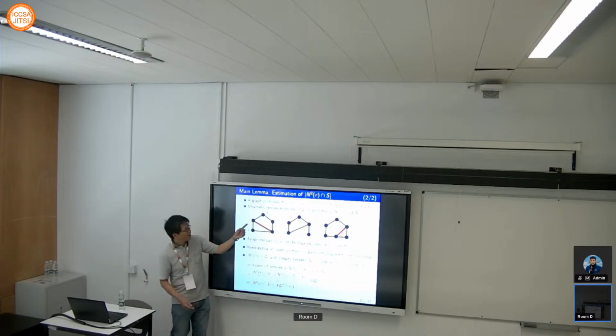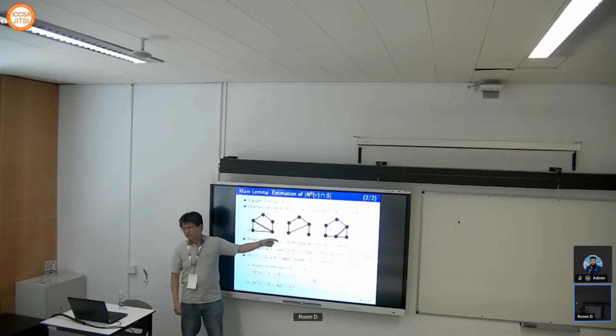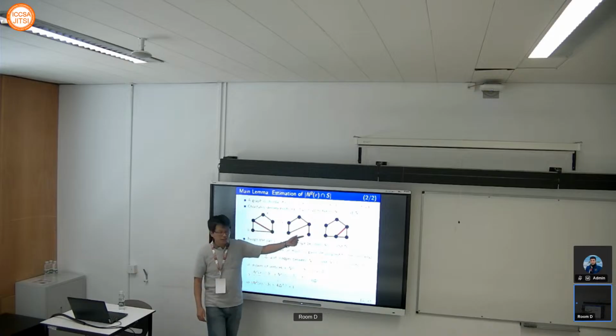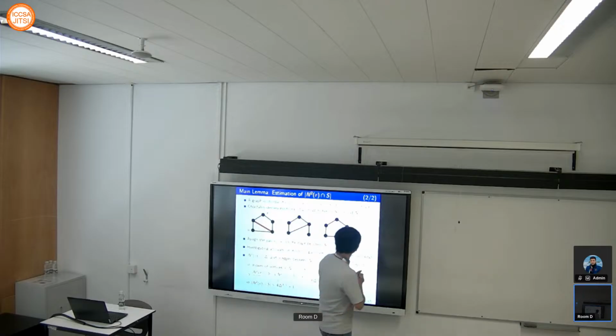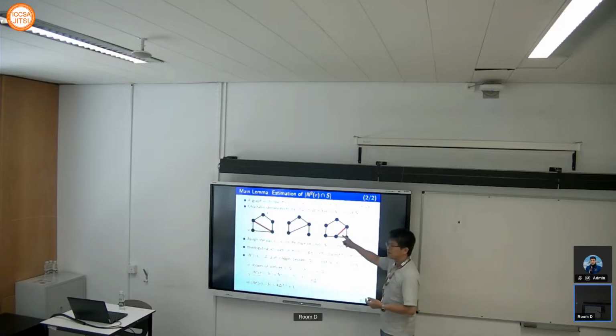So there must be some edge like this red one. And for this one, we need some edge here, but we just want an edge between N1R and N2R, so we just skip this case. And for this one, we also have some chord like in this figure.